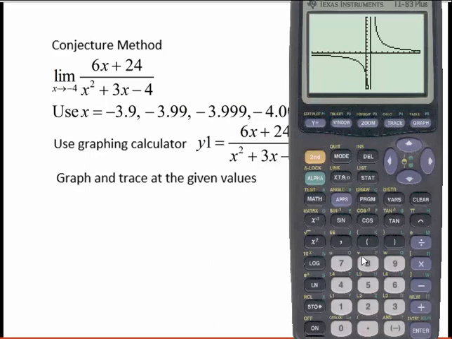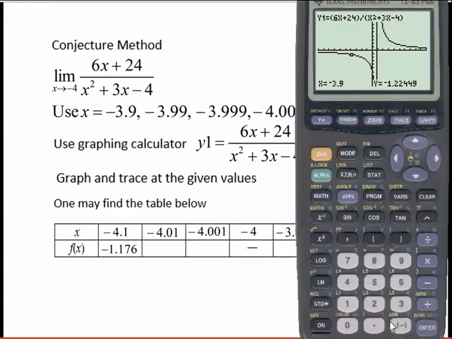Now I'll be tracing all this at the value so that you have negative 3.9. Next we type negative 4.1. That gives me negative 1.76471.